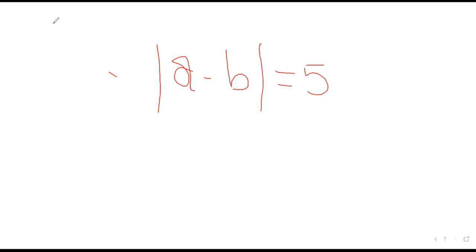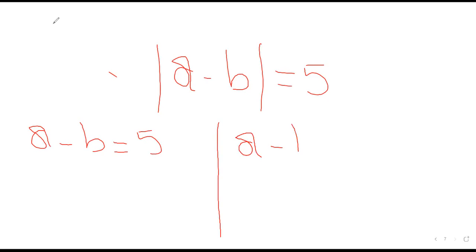That's why your answer must be 10. Are you getting this? How can you solve this? I have explained each and everything, that in this way you can put a line just like that. So we have the two values, either A minus B is equal to positive 5 or A minus B is equal to minus 5.